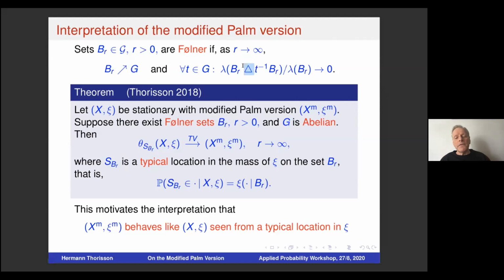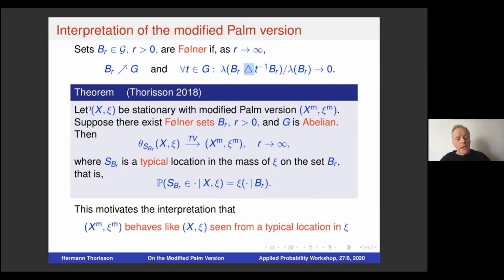The symmetric difference means everything that's in the two sets but not in the intersection. So B_R and the shifted B_R become basically the same in the limit, volume-wise. And here is the theorem.